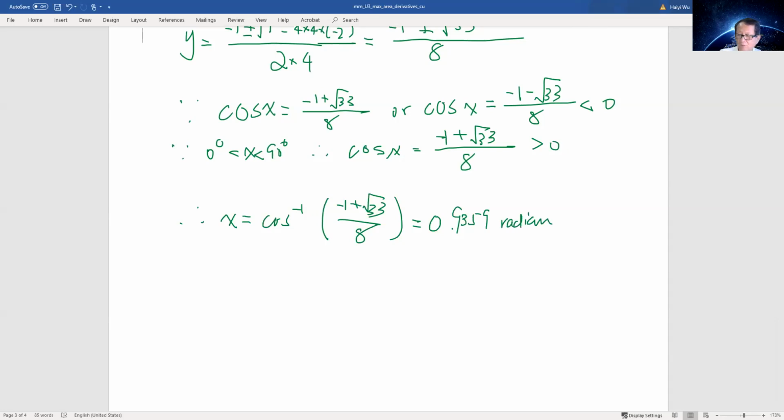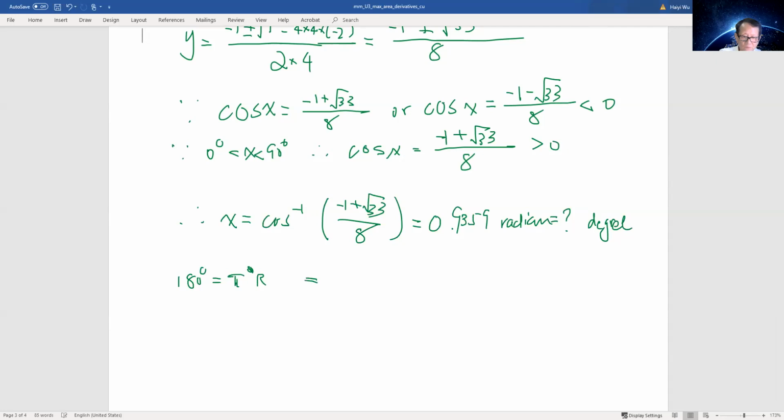Now you can convert it to degrees, to see how big the angle is. We know 180 degrees is pi radians.